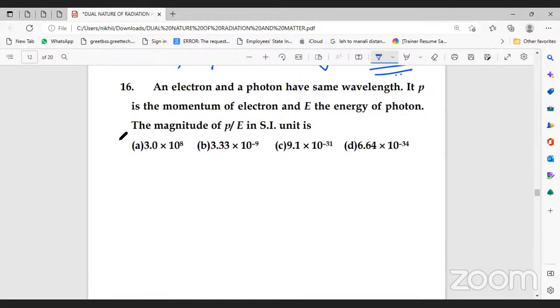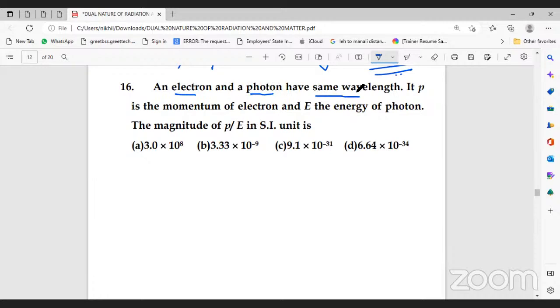Look at this problem. There are two particles. One is called the electron. The other one is the photon.